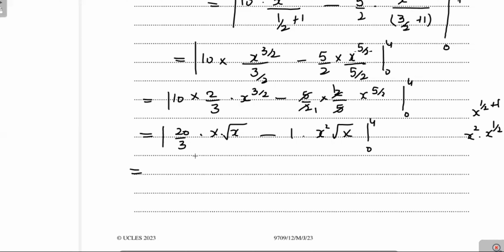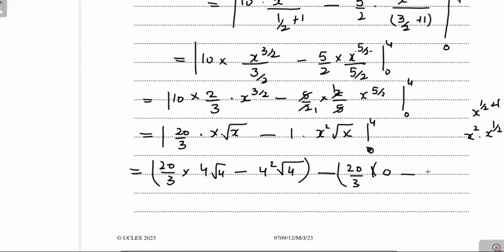Now, firstly, we put the upper limit in this expression. We get 20 over 3 into 4 and square root of 4 minus 4 square into square root of 4, minus, and we substitute the lower limit value, 20 over 3 into 0 minus 1 into 0.